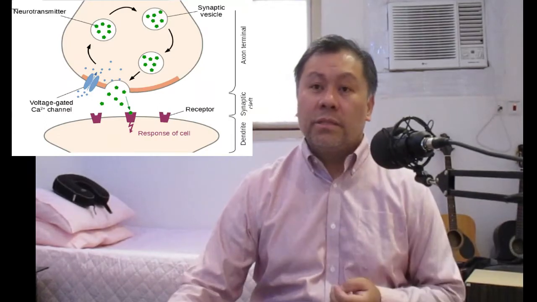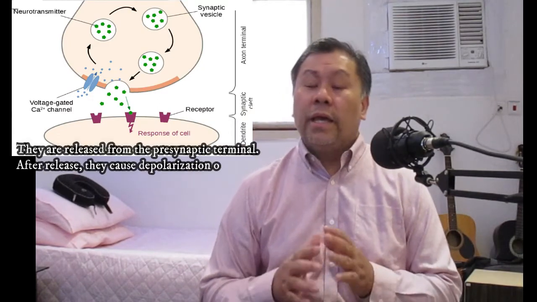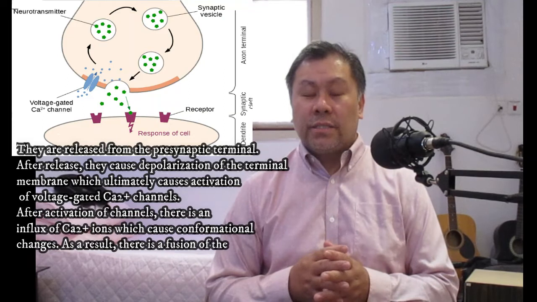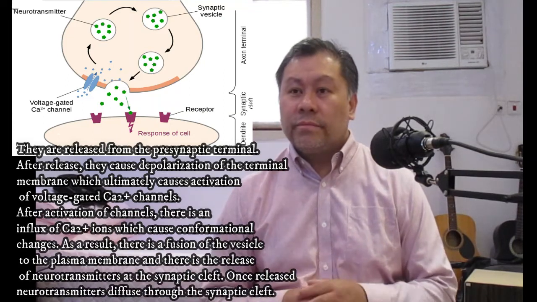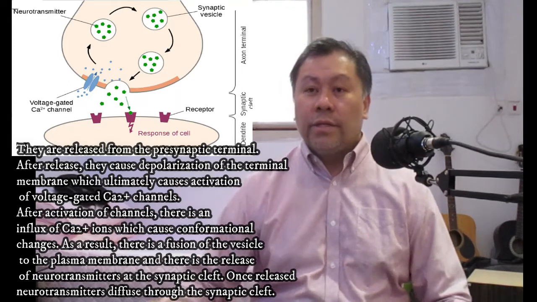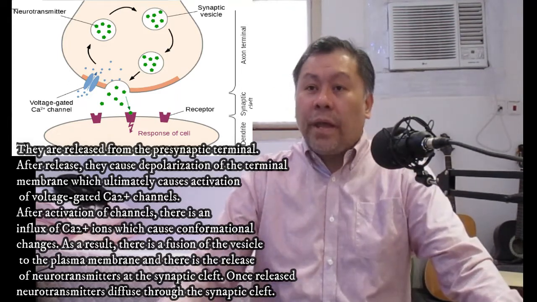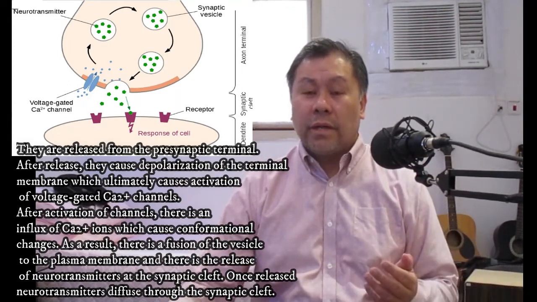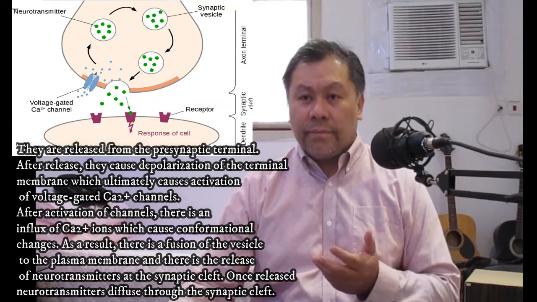After activation of the channels, there is an influx of calcium ions, which causes conformational changes. As a result, there is fusion of the vesicle to the plasma membrane, and there is the release of neurotransmitter at the synaptic cleft.